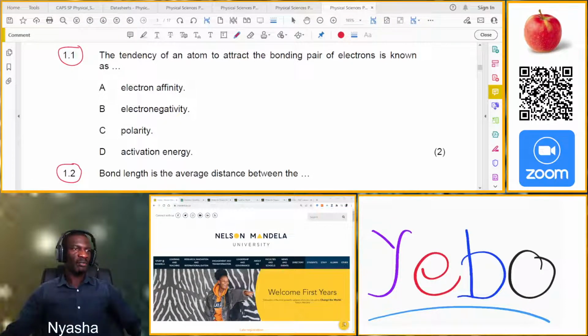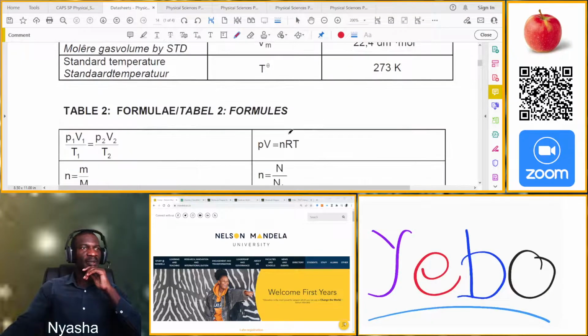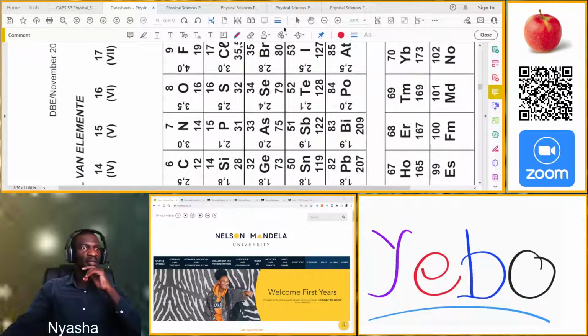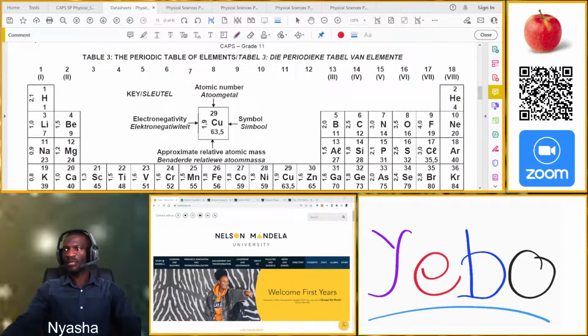So when we're creating a chemical bond, there's always a property that dictates that bonding process. Let me go on to, for example, our data sheet. There is a property in this periodic table, and that property deals with what we're trying to calculate right now.